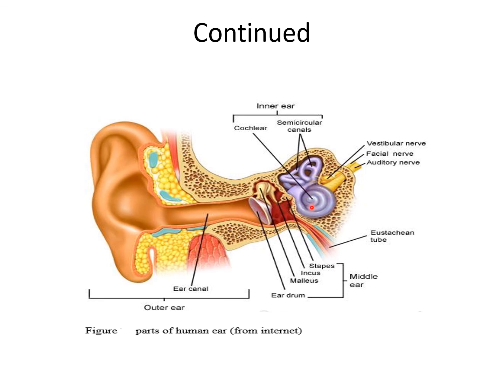So when the vibration reaches from the external ear, it passes to the middle ear, through the different bones of the middle ear, and after that it reaches the cochlea. From the cochlea, these vibrations go towards the different nerves: vestibular nerves, facial nerves, or auditory nerves.